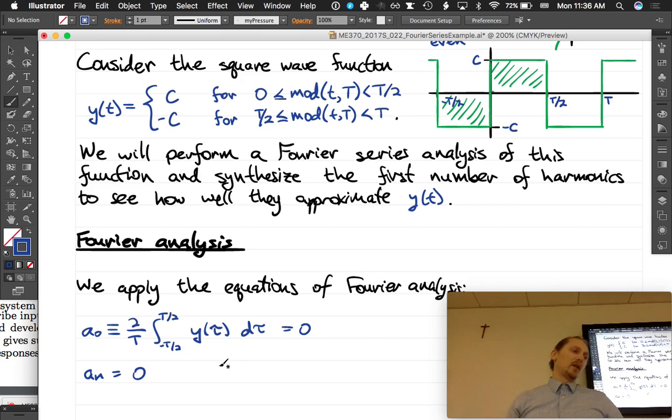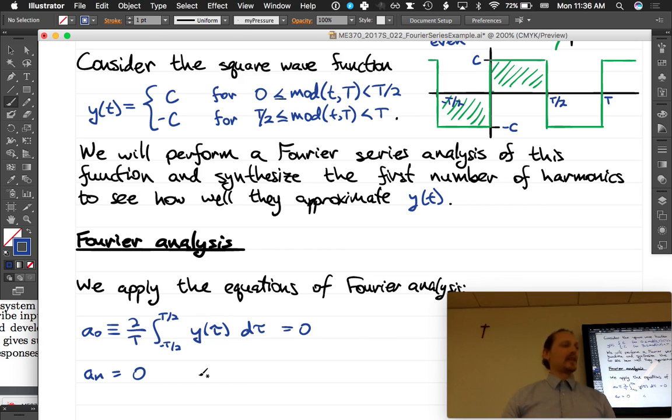I did in my notes, and it's always going to end up being 0 based on that property: if we have an odd function, which we do, then all of the ANs are going to be 0. Sweet.